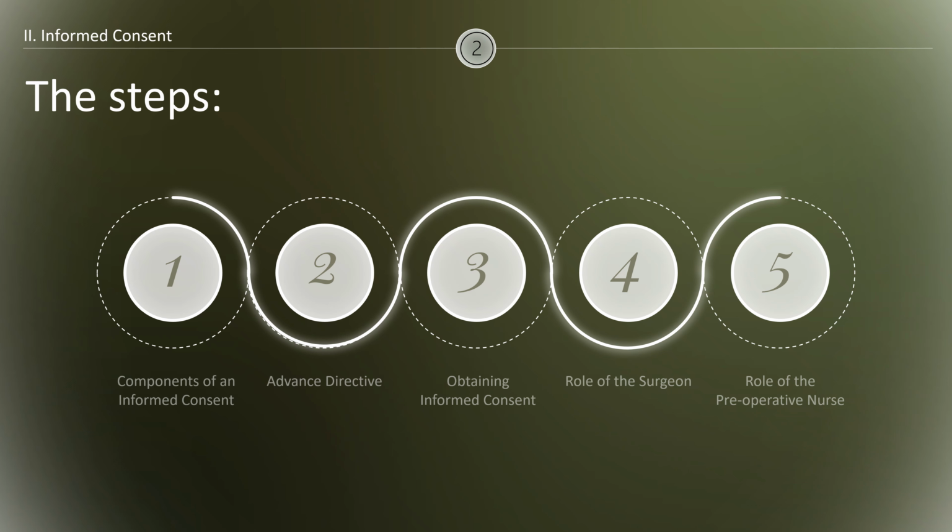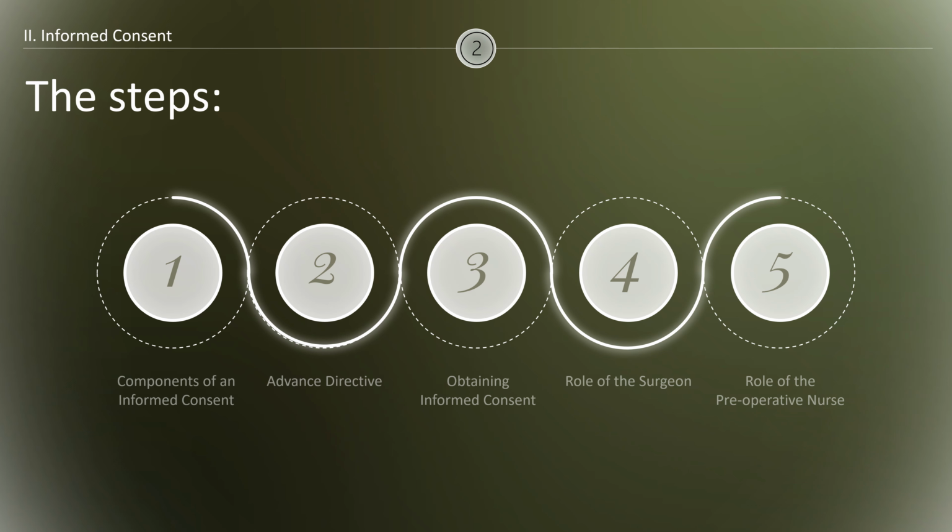Components of the informed consent, it's a big figure in the book. It's figure 15.2. Consent for the procedure must include the name, type, and reason for the surgery, the surgeon's name, benefits of the procedure, alternatives, and consequences of no surgery.